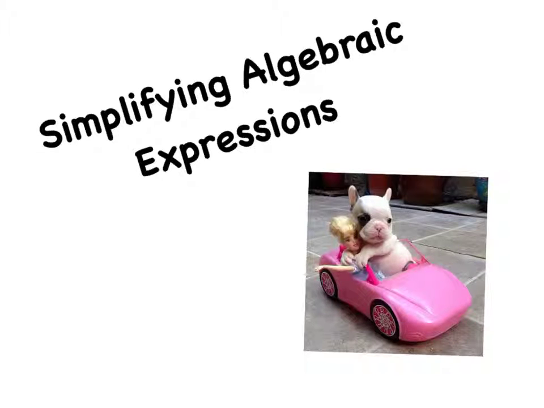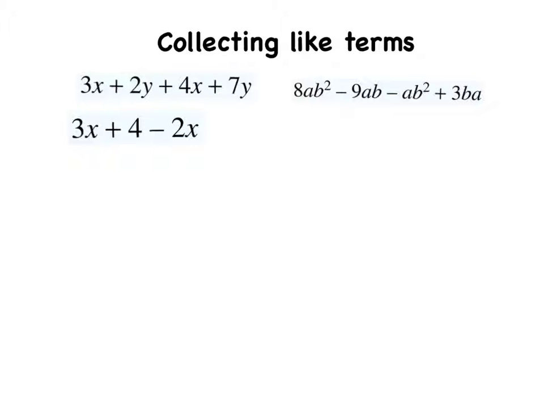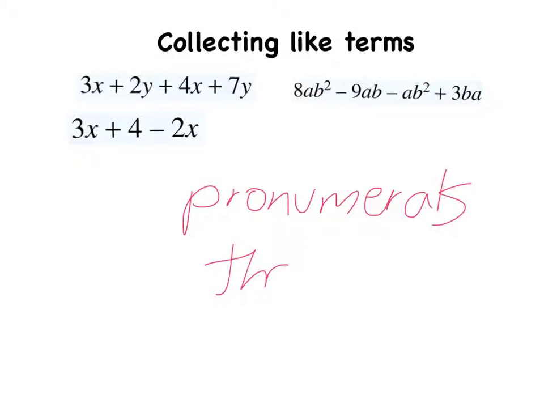So let's get started. Okay, this is the key bit of information, guys, that you need to understand. Collecting like terms. It's probably the most important thing that you will learn today. Collecting like terms is about finding pronumerals that are the same.